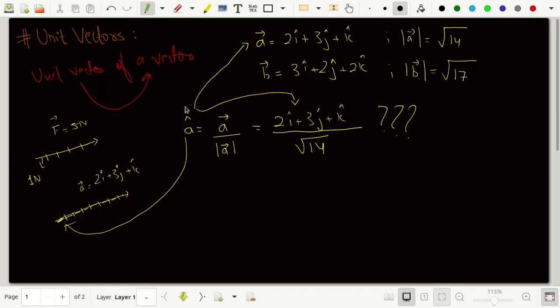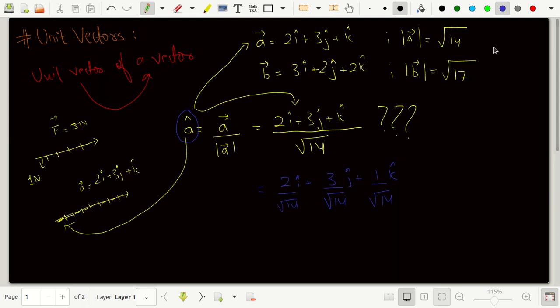If I want to calculate the magnitude of a cap, we know the magnitude of a vector is given by the square root of x square plus y square plus z square. Let me write it again: 2 over root 14 of i cap, 3 over root 14 of j cap, and 1 over root 14 of k cap.